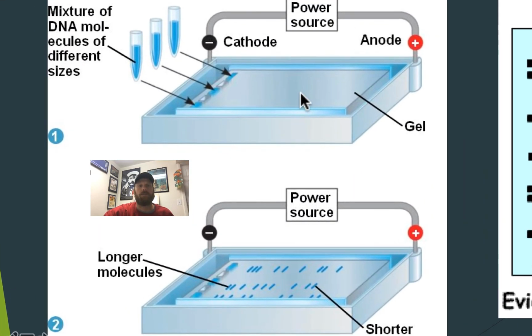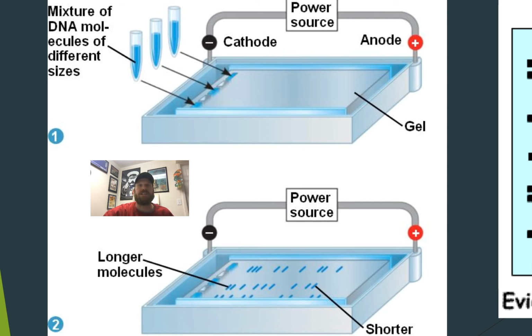When a current is applied to the gel, the DNA molecules are attracted to the positive terminal, which is called the anode. Remember, the smaller DNA molecules will move faster through the gel, so the DNA ends up separating based on the size of the DNA fragments. Shorter DNA fragments will be towards the bottom of the gel, while larger DNA fragments are toward the top of the gel, closer to the wells.